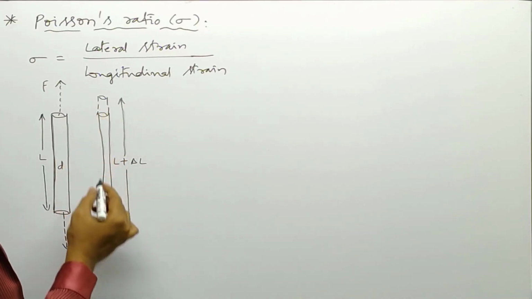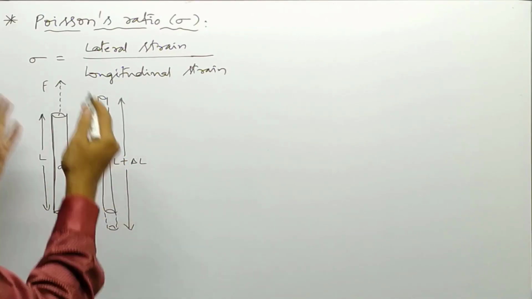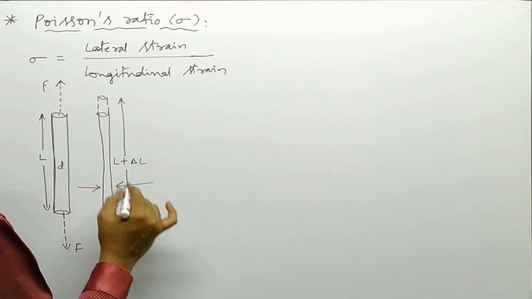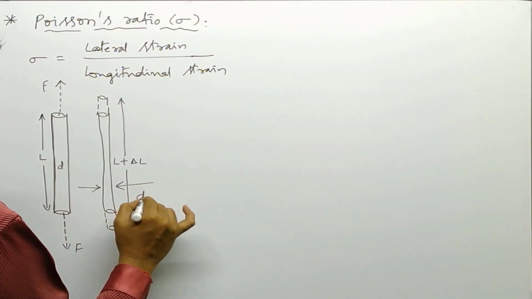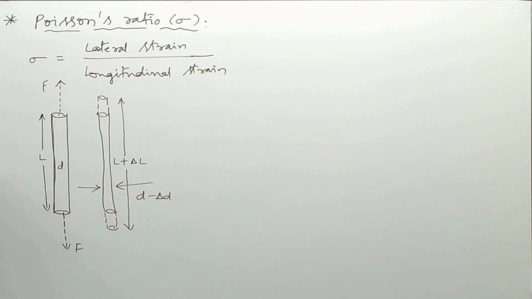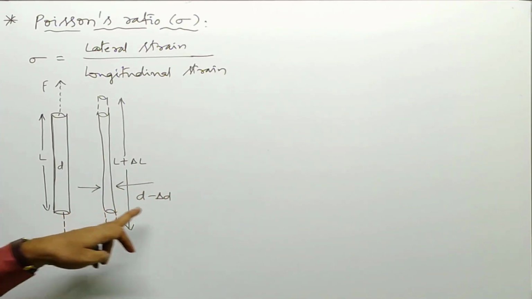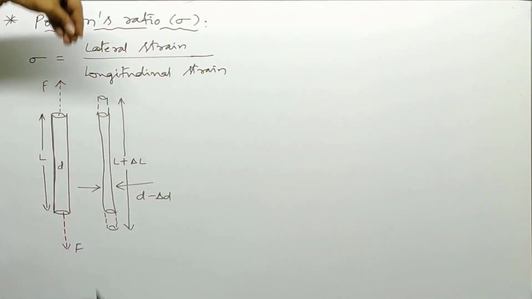While length increases, diameter decreases. This is the decrease in diameter, so D minus delta D is the final diameter. This decrease in diameter is called lateral strain. Increase in length is called longitudinal strain.